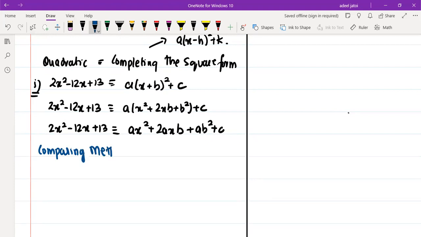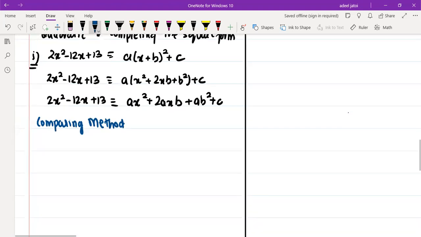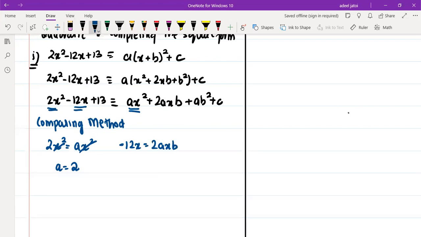Comparing method, which means your x² will be compared to x²: 2x² is compared to ax². x² is cancelled. a is equal to 2. Minus 12x is equal to 2axb, because x is compared to 2axb.